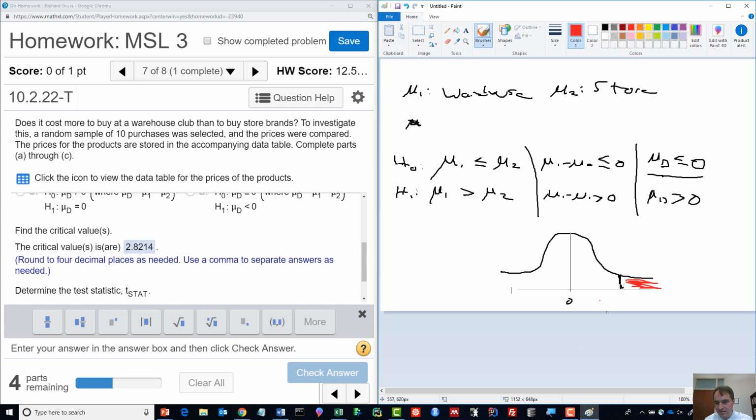Coming back to this, if we have anything larger than 2.82, anything larger than this, we're going to go ahead and reject. That's what we're keeping an eye on here.